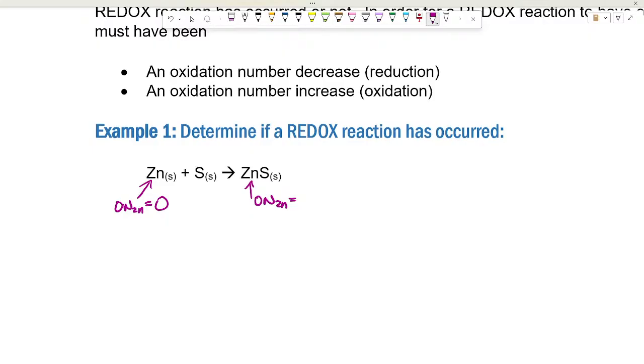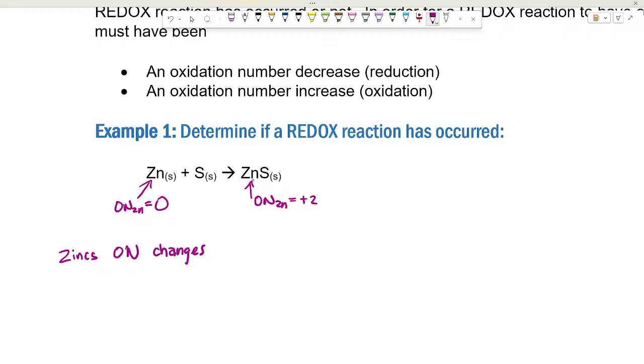We're in a compound. What kind of compound is that? Ionic. In an ionic compound, it's just its charge. What's the charge of zinc in zinc sulfide? Positive 2. All right. So zinc's oxidation number went from... Is the +2 for the whole zinc sulfide?